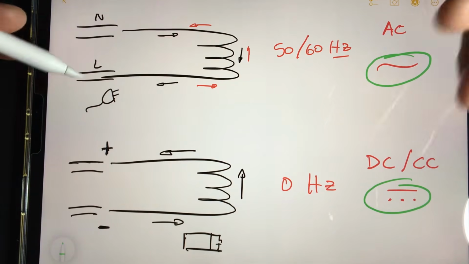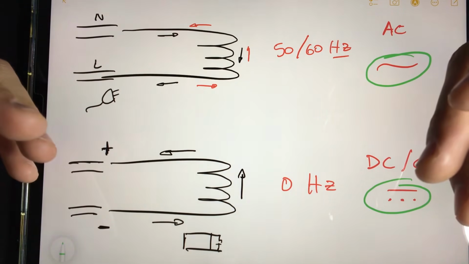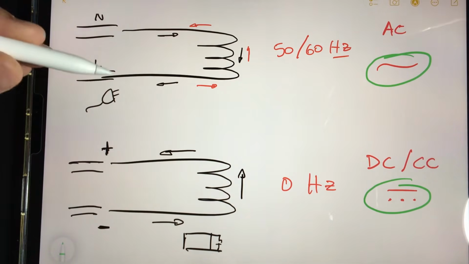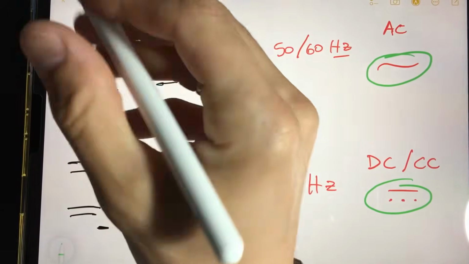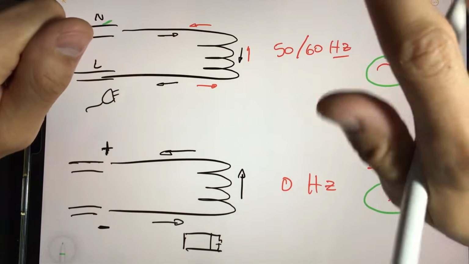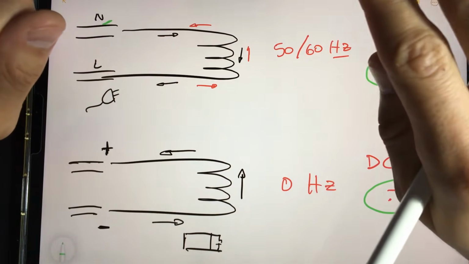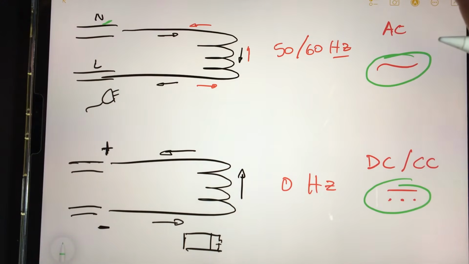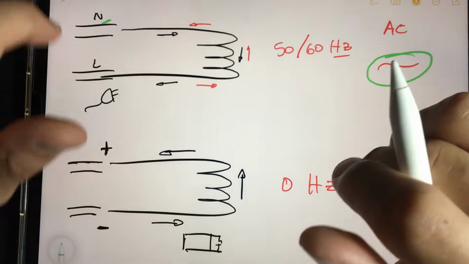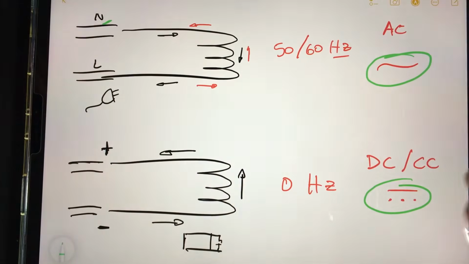What does it mean? If I touch the neutral wire and touch the wall, I won't be electrocuted because it is neutral. The difference in electrons, the amount of voltage between the wall, the floor, my body, and this neutral wire, is the same, therefore no electrons will circulate inside me.